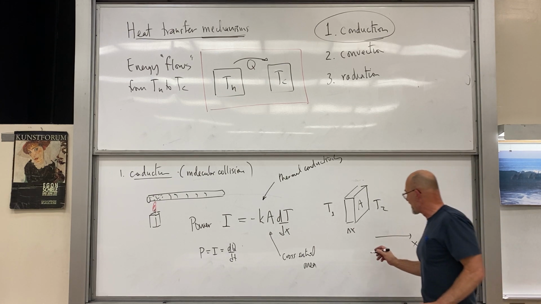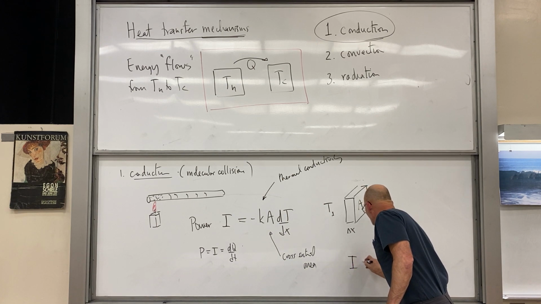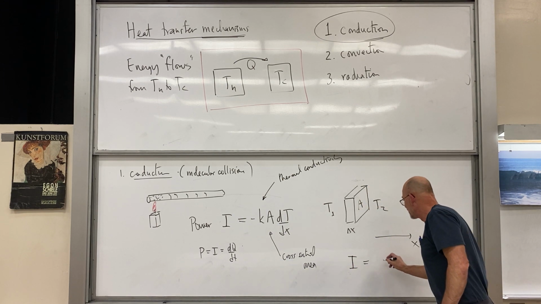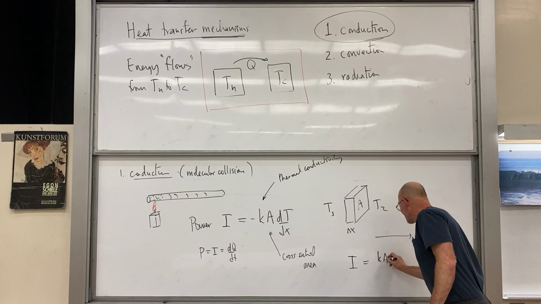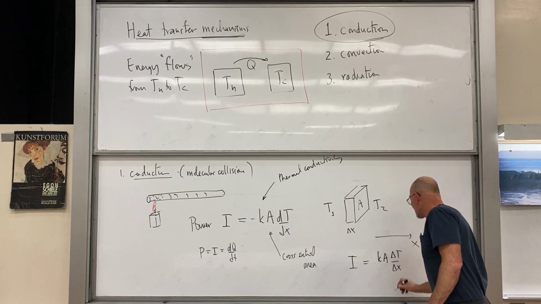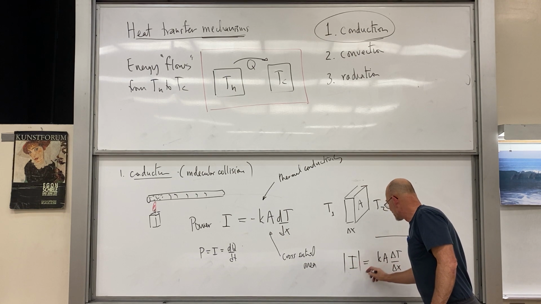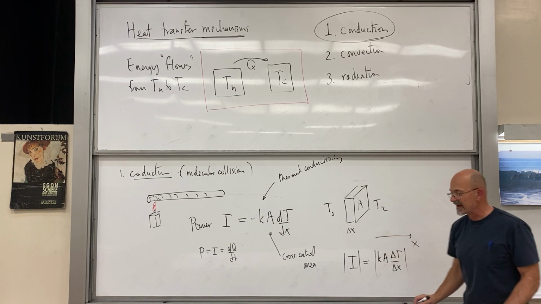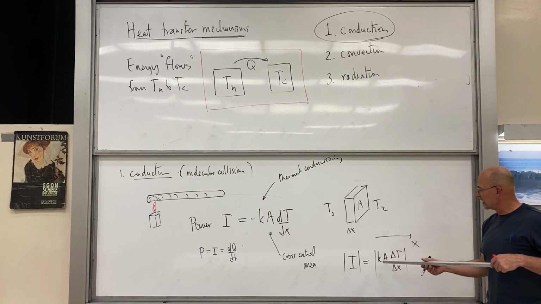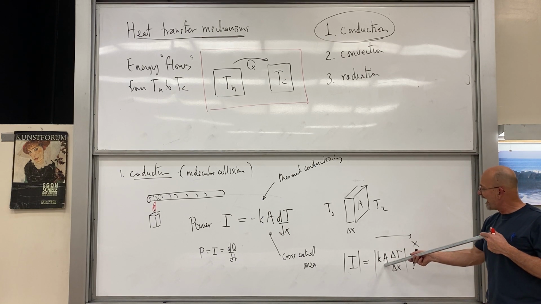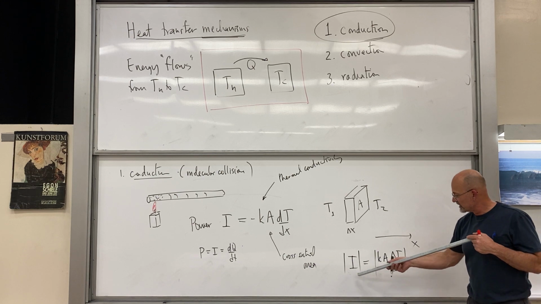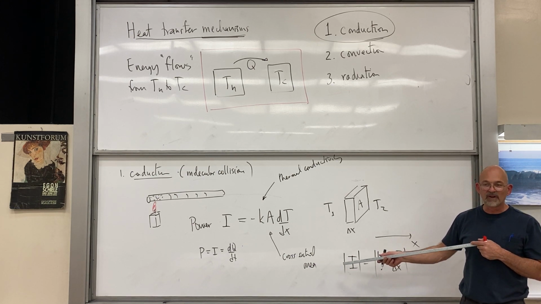We could also say I is equal to K A delta T over delta X in terms of the thickness, and this is just the magnitude, so we don't have to worry about the sign. You can see, the greater the area, the greater the energy flux.